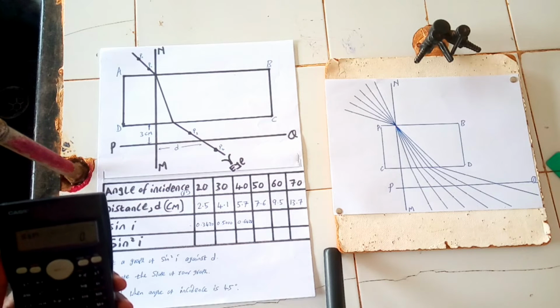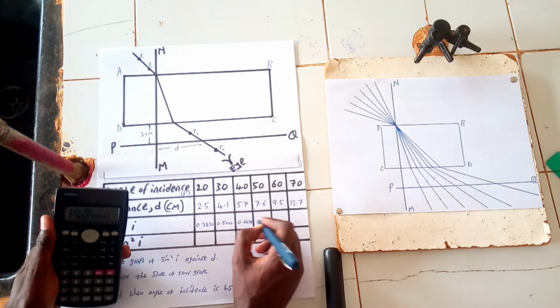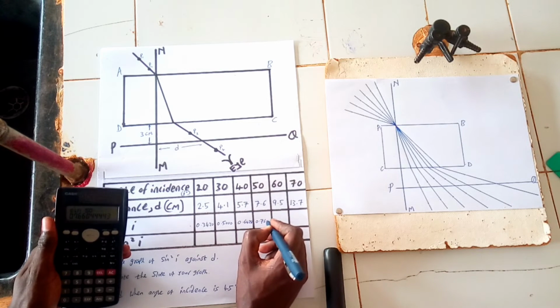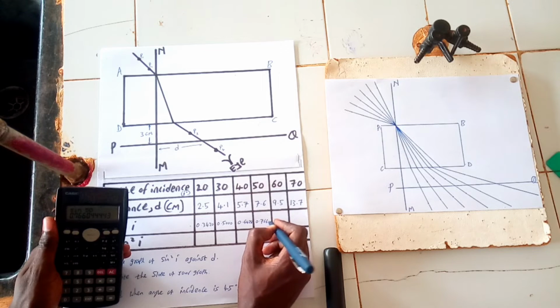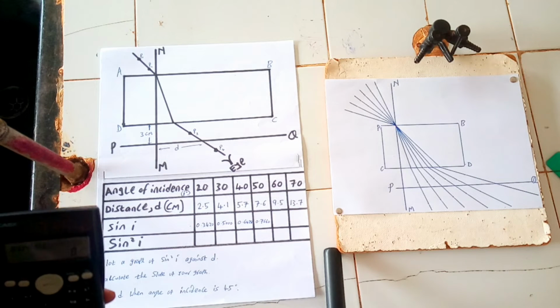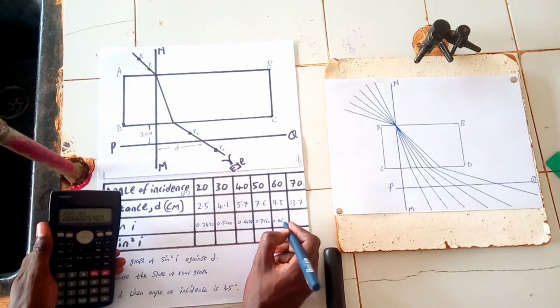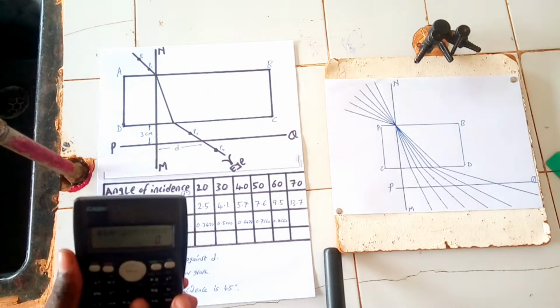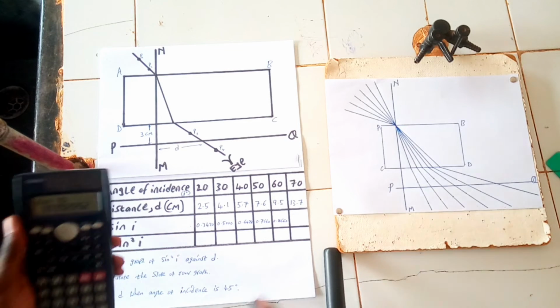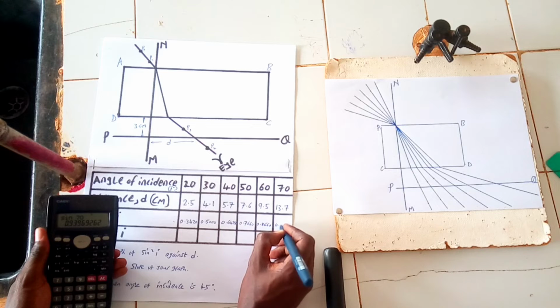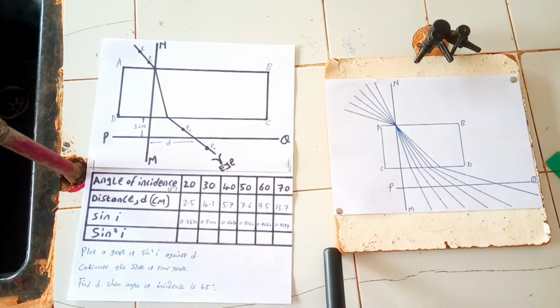Sine 50, 0.7660. Sine 60, 0.8660. Then lastly, sine 70, 0.9397. Those are the values for sine.